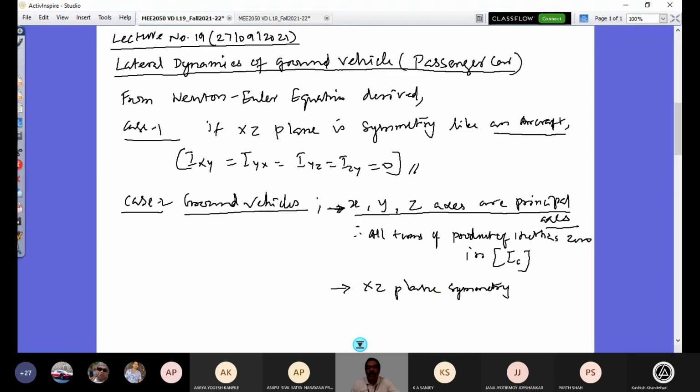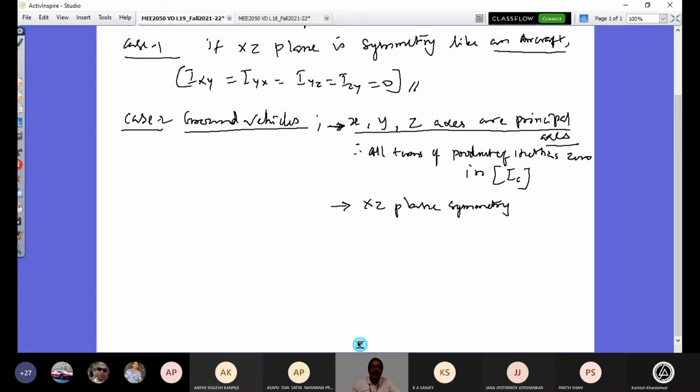If I consider the governing equations, I would have only 4 equations, and those are Fx equals m into (U dot minus RV), and Fy equals m into (V dot minus RU), and there is no FZ equation. Let us see why.